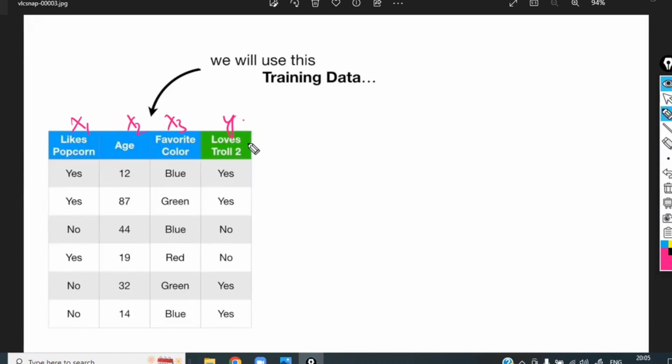And the fourth one is whether the person loves the movie Troll 2, yes or no. Now this is x1, x2, x3 and y. There is a person who likes popcorn, yes. Age is 25. His favorite color is blue. Whether this person will be interested in this movie or not, we have to decide based on these input features.